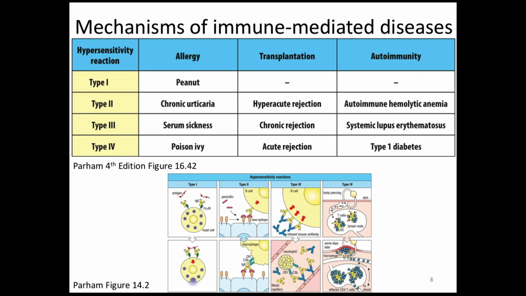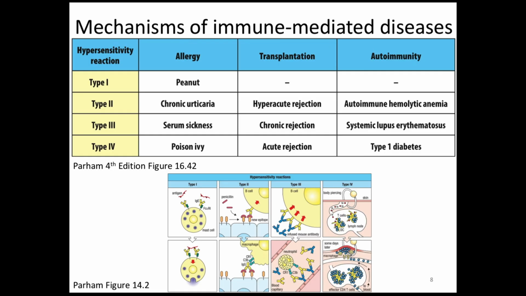When we think about dividing up all of the different disease states that may happen with these too much immune system situations, we see the same mechanisms over and over again.